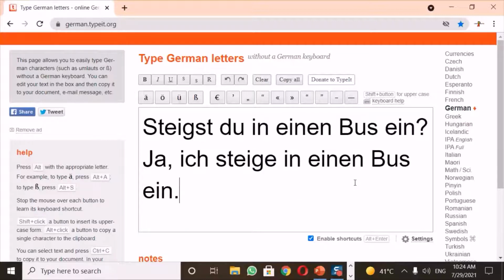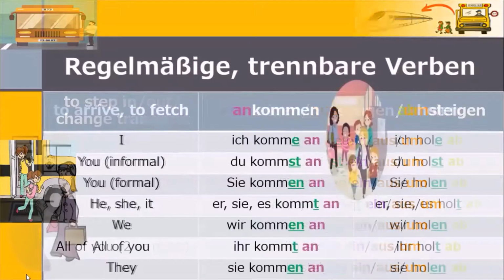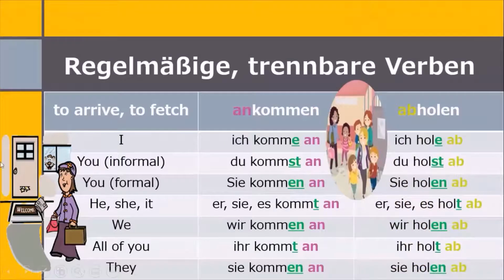And note that the verbs that I'm showing you in this tutorial make use of the accusative case, which I have covered in my tutorials 14 and 35. So moving on, then we have another set of regular and separable verbs: to arrive and to fetch. And by fetch I mean fetching or picking up someone, not something.